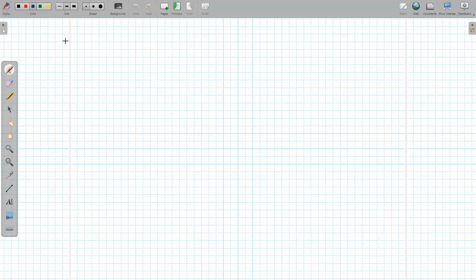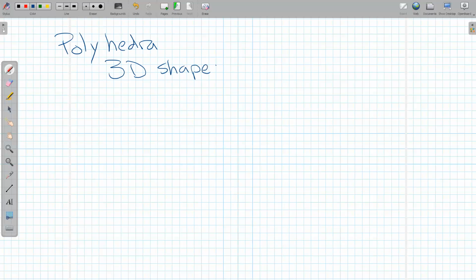So polyhedra are 3D shapes with flat faces. That would be planar.